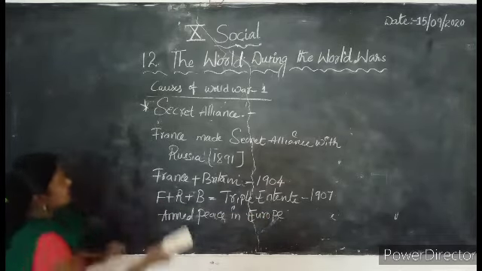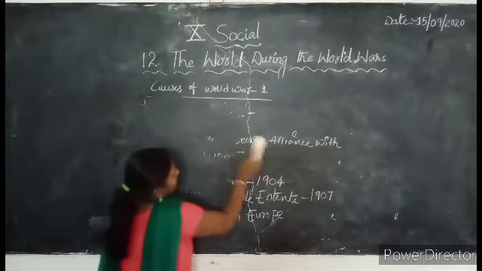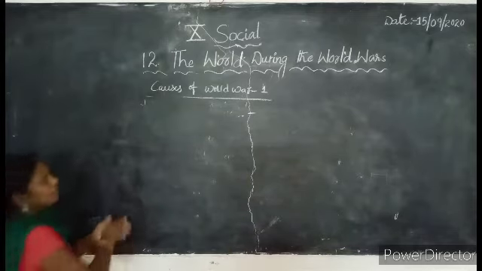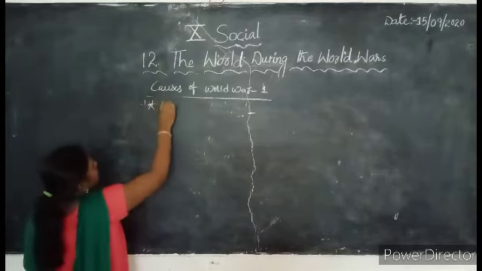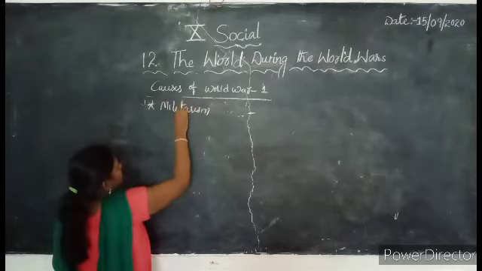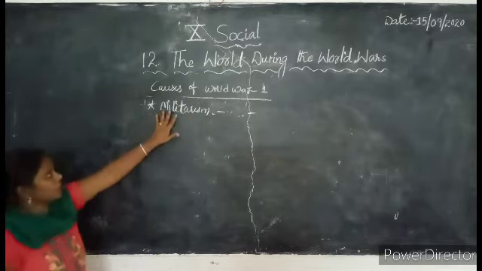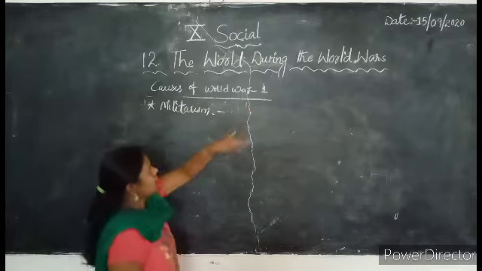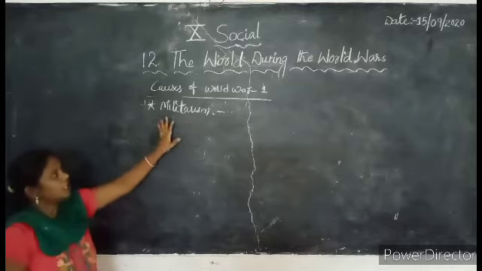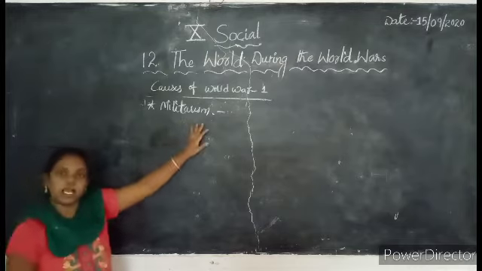So the next thing is the next cause of World War I: militarism. Militarism is one of the causes of World War I. Generally, any country requires the help of the military or the army in order to get security or protection from other countries.